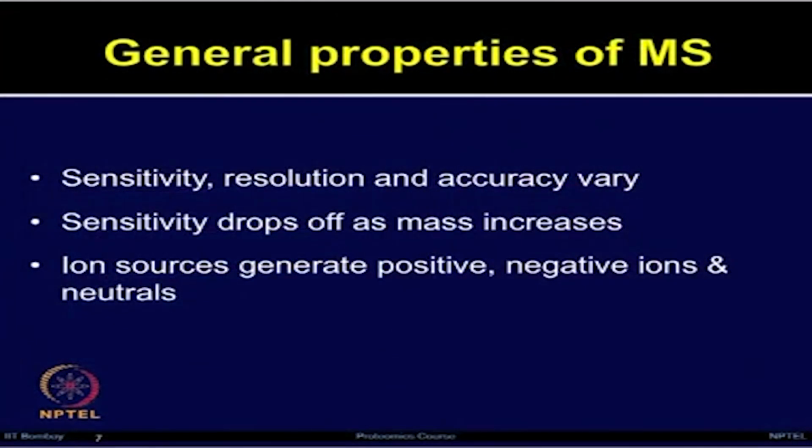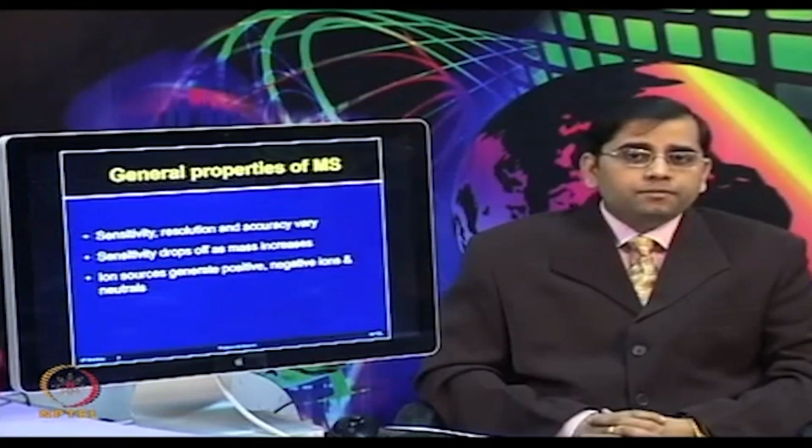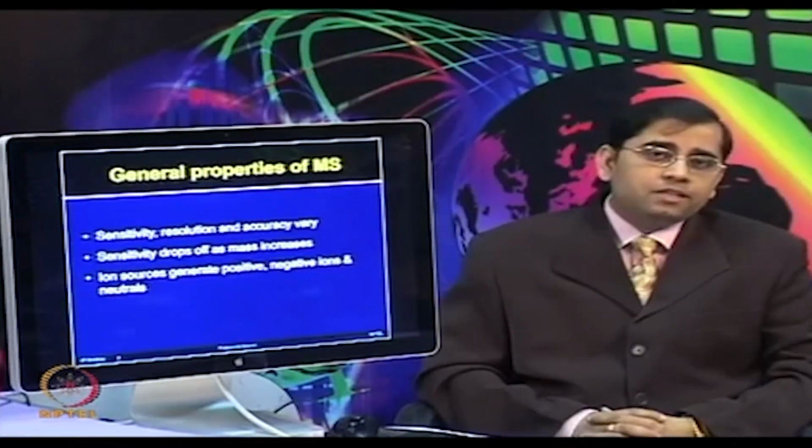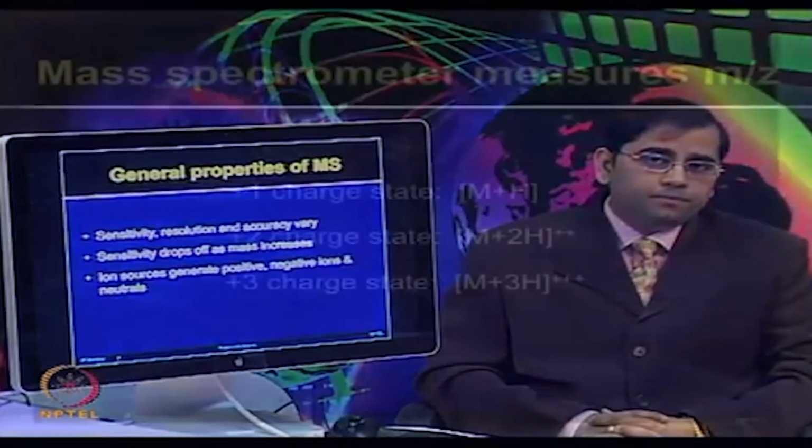Ion sources generate positive, negative and neutral ions. The neutrals obviously cannot be focused or accelerated by the ion optics. So, one can analyze either positive or negative ions. The positive ions have an adduct, which is typically a proton, and sensitivity for negative ions is generally lower.